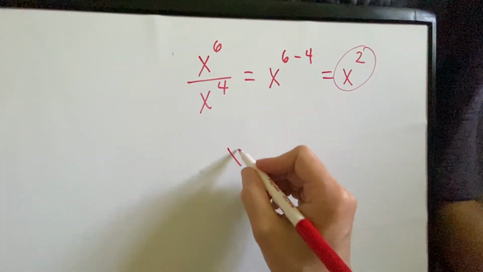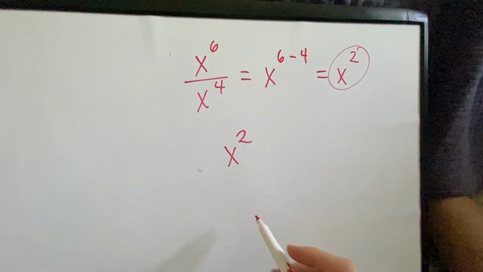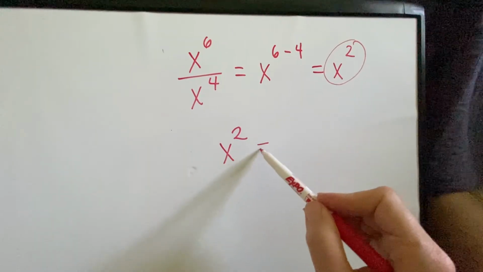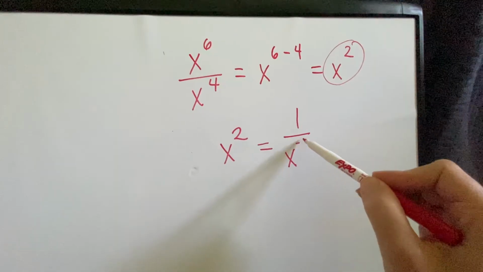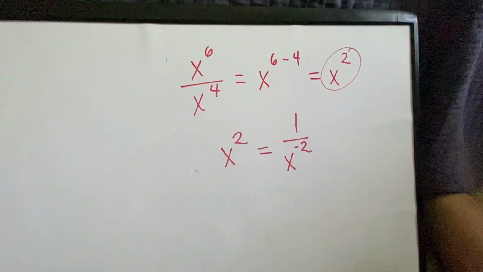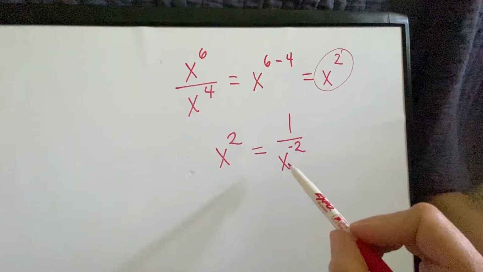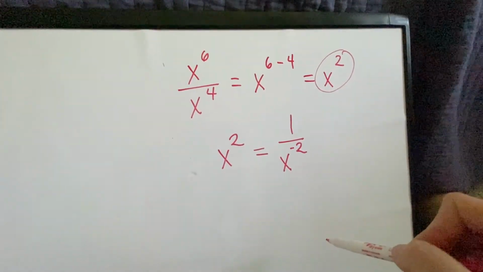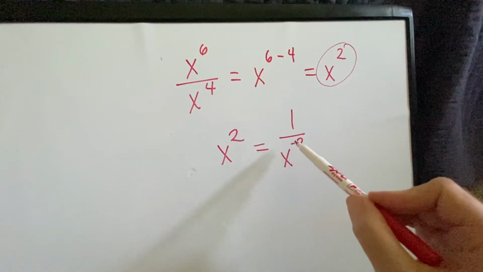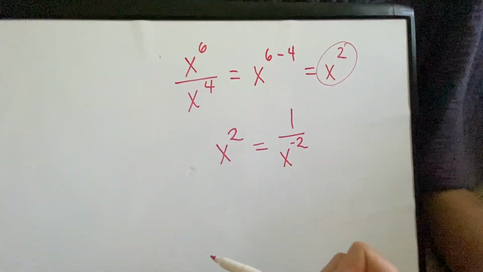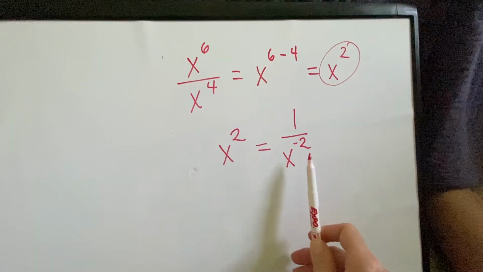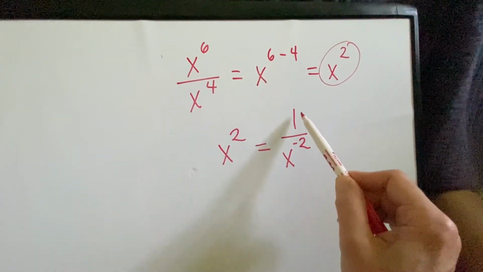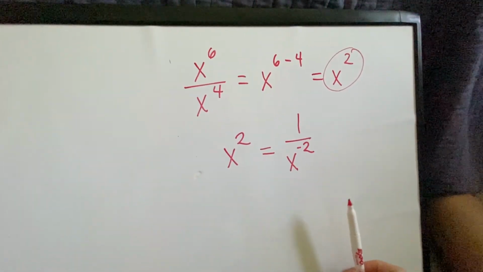Well, if you remember, once you move exponents from the bottom to the top or from the top to the bottom, you have to change the sign in front of your exponents. So here it was x to the positive 2, now it's x to the negative 2, and you have to flip it like the reciprocal, okay?